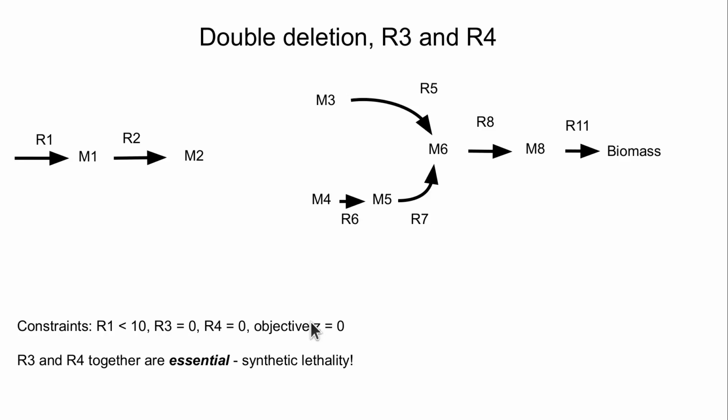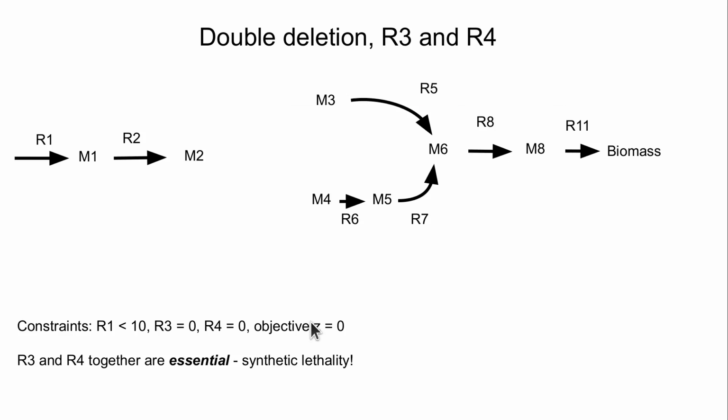What happens now if we do a double deletion? Well, what we see here is that if we were to delete, for instance, R3 and R4, even though individually deleting them would make no impact, deleting both of them at once will knock out both the upper and lower pathway. Because of this, we can neither produce M4 nor M3, which are alternative precursors to M6.